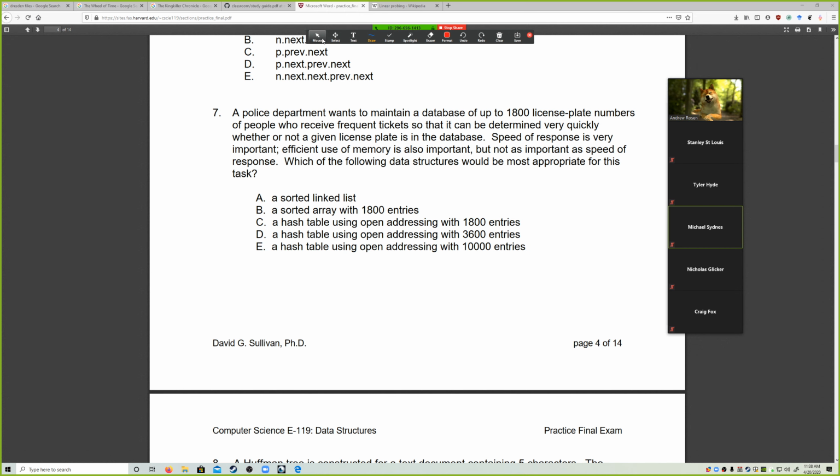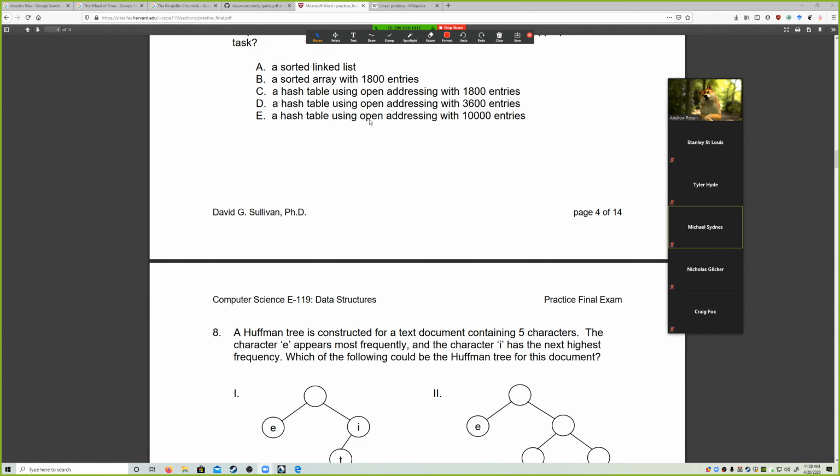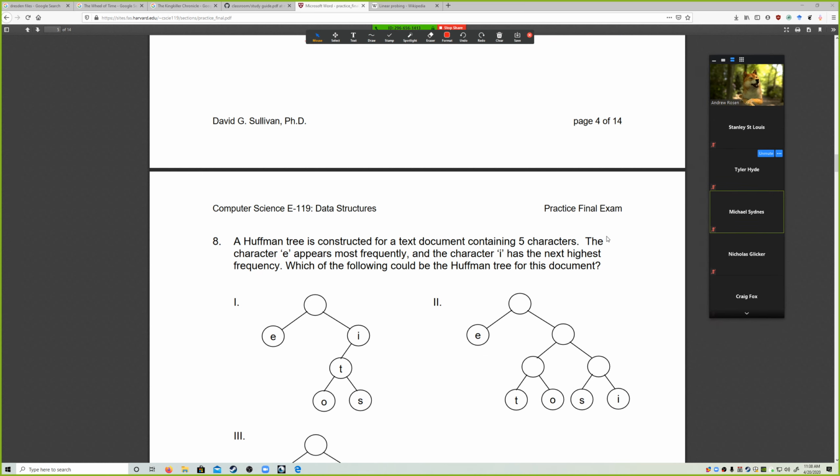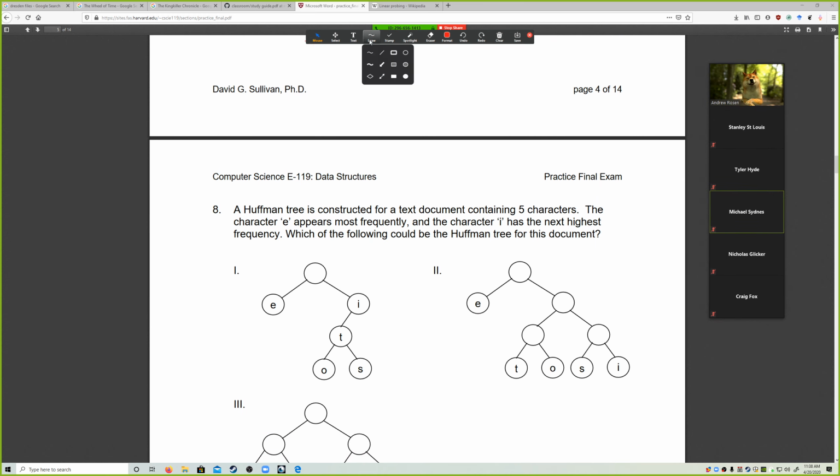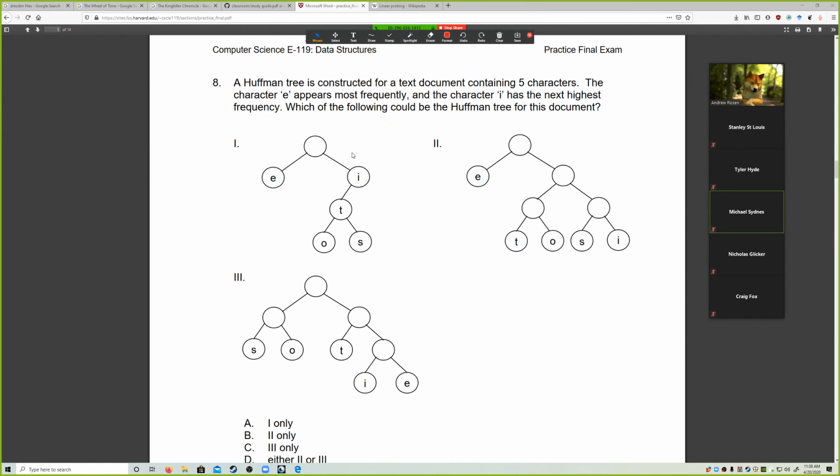Alright, so we didn't do Huffman trees on the previous exam. But I'm going to do something fairly straightforward on this exam, something more along the lines of this, I think. So a Huffman tree is constructed from a text document containing 5 characters. The character E appears the most frequently, and the character I has the next highest frequency.